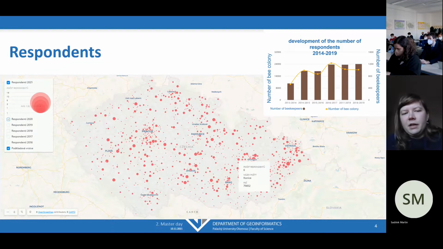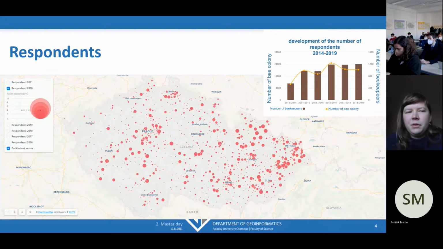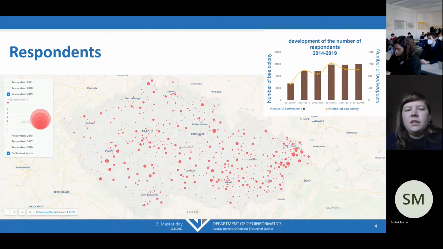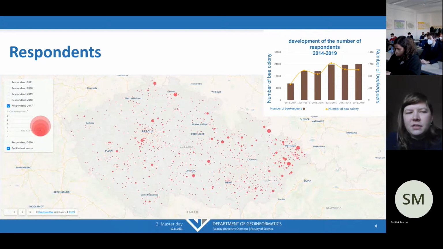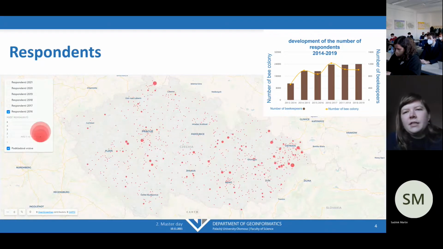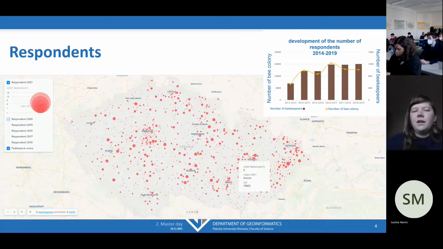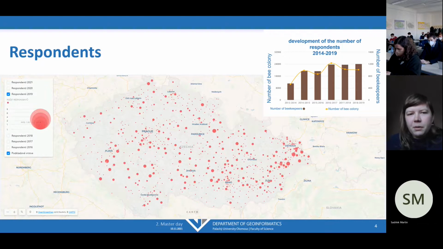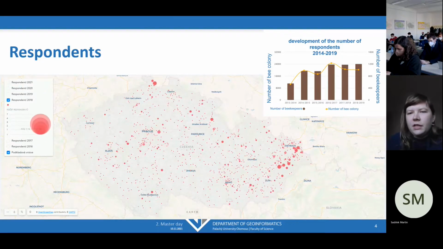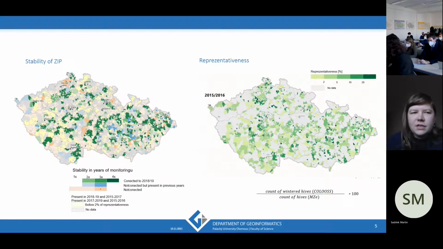the beehives that are represented in the monitoring. So this might show that the data are not scientifically correct, that this is not the right scientific sample. But luckily, we also have data from the Ministry of Agriculture of the Czech Republic, which allows us to calculate some statistics.